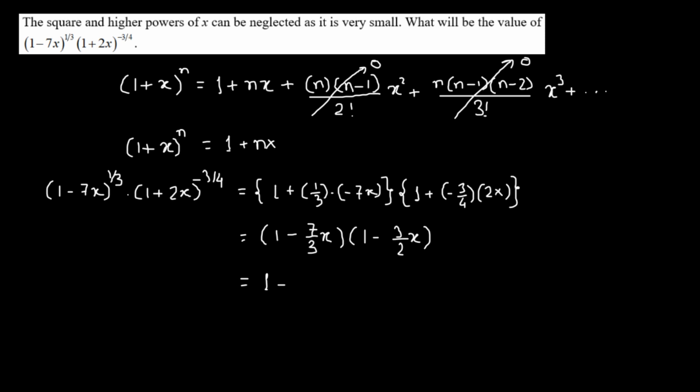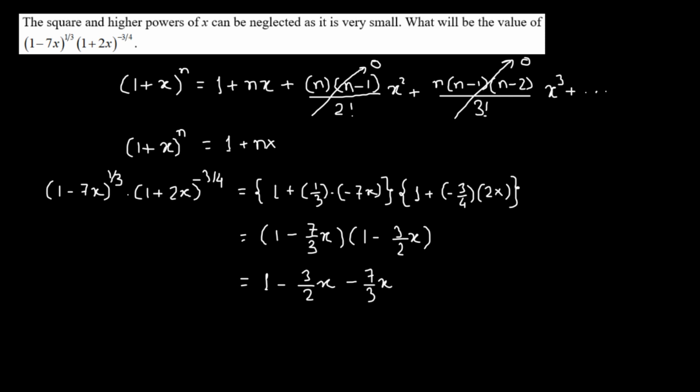The second expression is 1 - 3/2 x. That gives us 1 - 3/2 x. Then we take the second term, which is -7/3 x, and distribute it to the second expression.